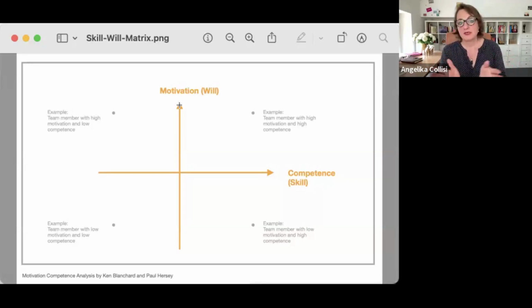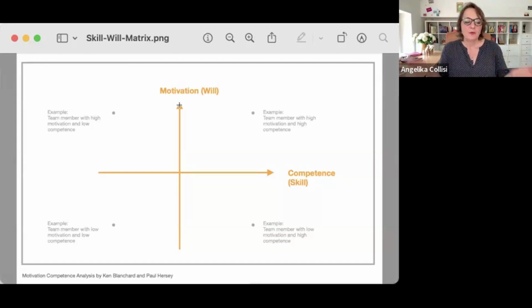I highly recommend that you do this overview when you start with a new team, and have a look at and really make it visible to yourself who you see where, and also look at your first impressions versus how things play out as you go along, because first impressions are first impressions.